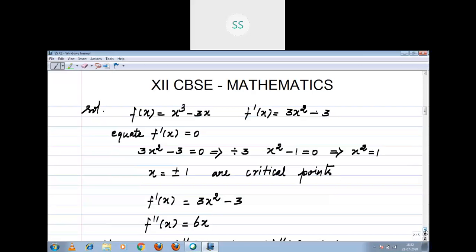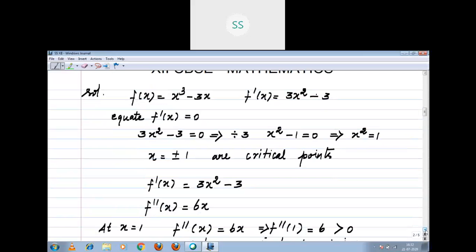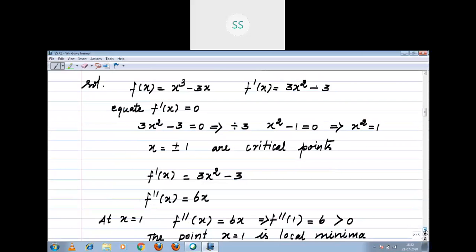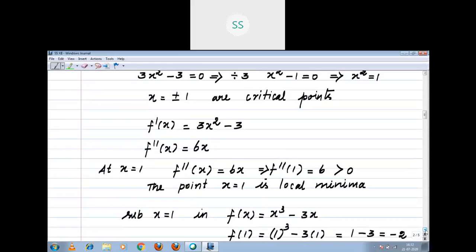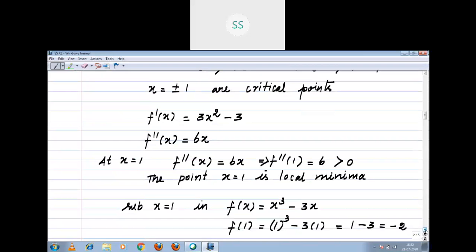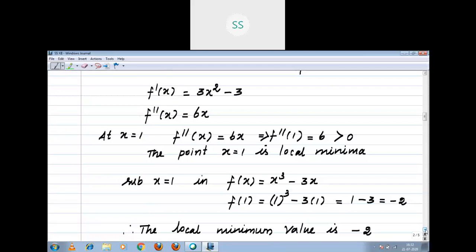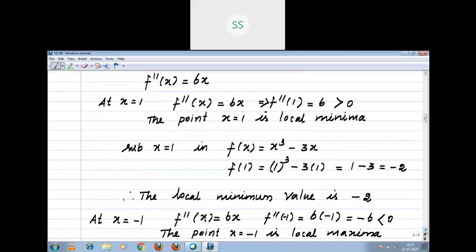The second order derivative alone decides whether the point is local maxima or local minima. Substitute x is equal to 1 in the second order derivative. If the second order derivative is greater than 0, the point is local minima. Then for the local minimum value, you substitute the same x in the given function. You arrive at minus 2. So the local minimum value is minus 2.